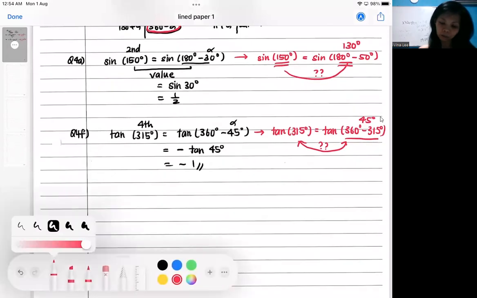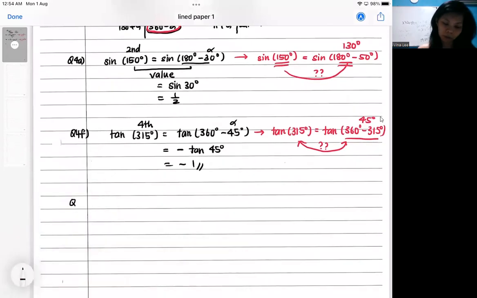Another one to show you will be your question 6o. That is a negative angle. If you want to convert a negative angle from radian, this is what we'll do.